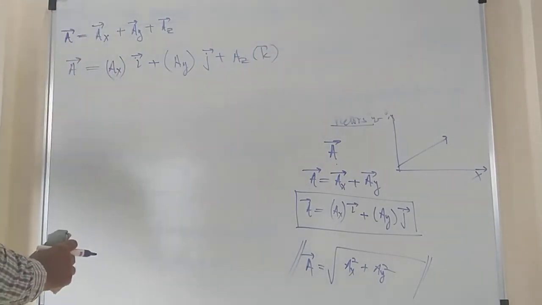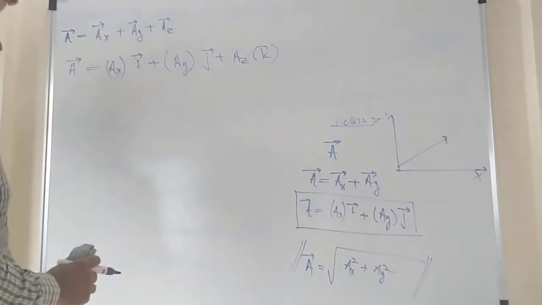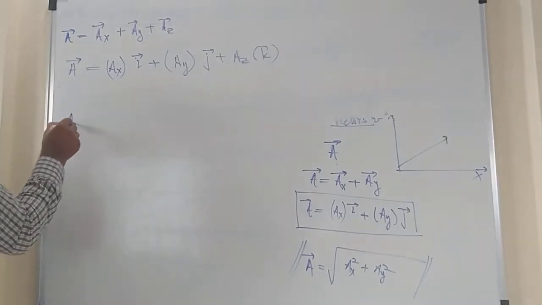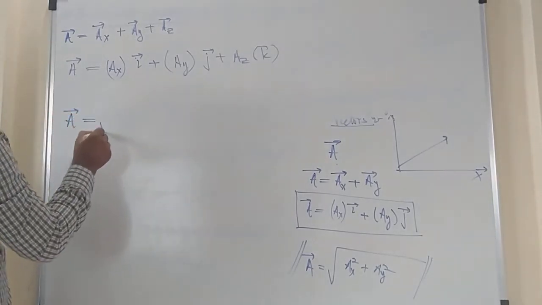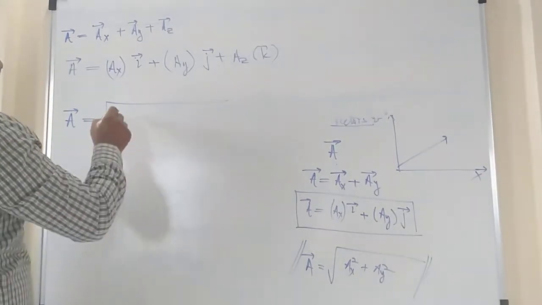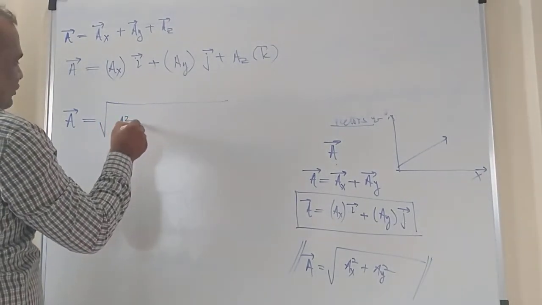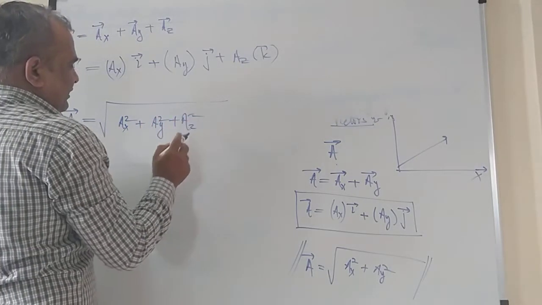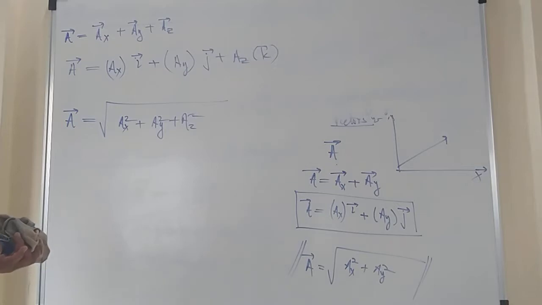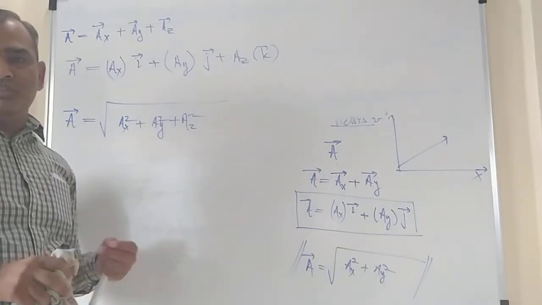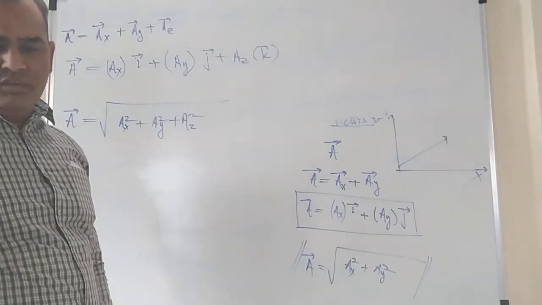And the magnitude of the given vector a bar is the square root of the squares of the components of i, j, k, so ax square plus ay square plus az square. This gives you the magnitude of the vector in three dimensions. Two dimensions and three dimensions we have studied.